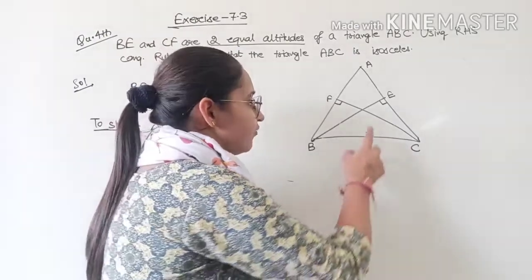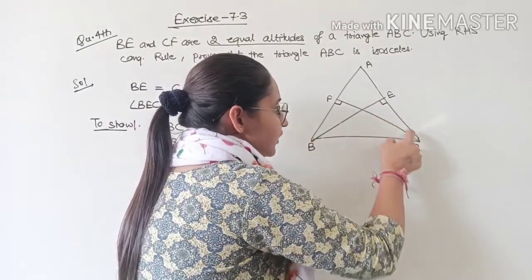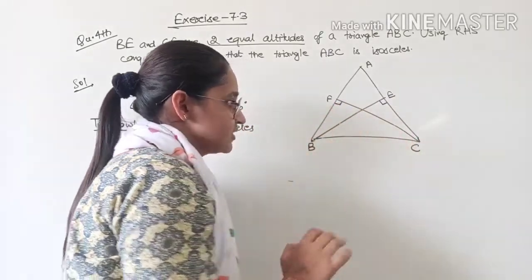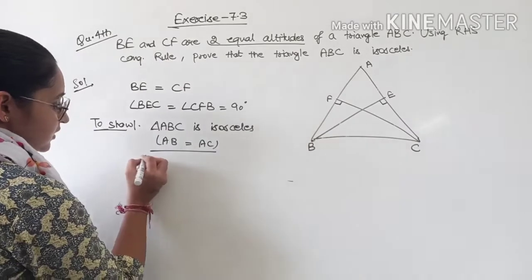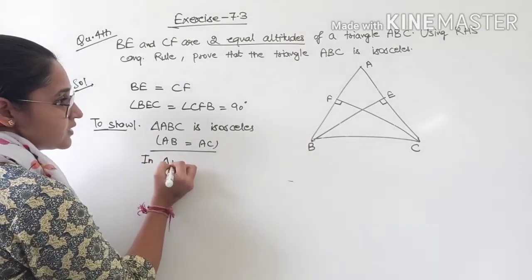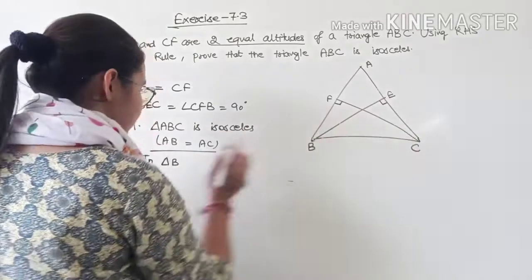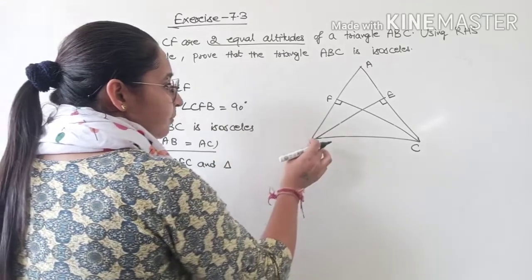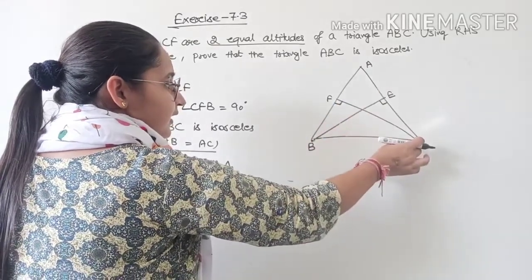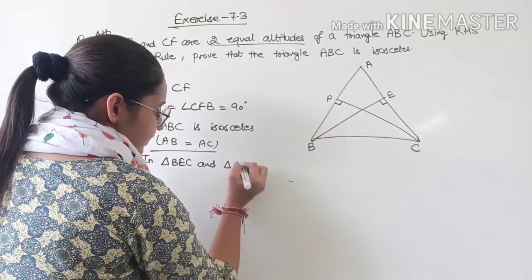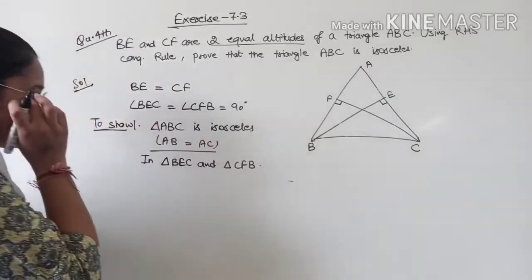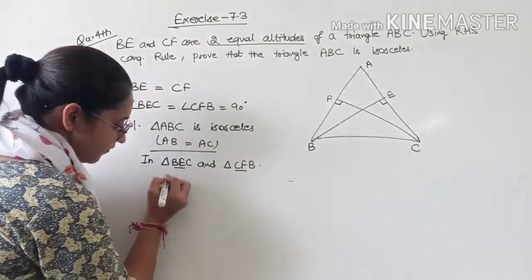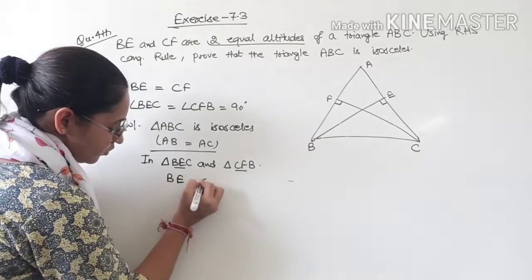Now first of all, I am taking this triangle BEC and this triangle BFC, two triangles. See very carefully. In triangles BEC and CFB, first of all, the given condition is BE is equal to CF.